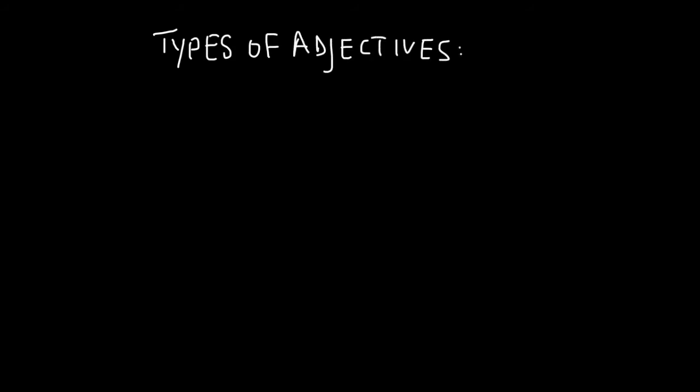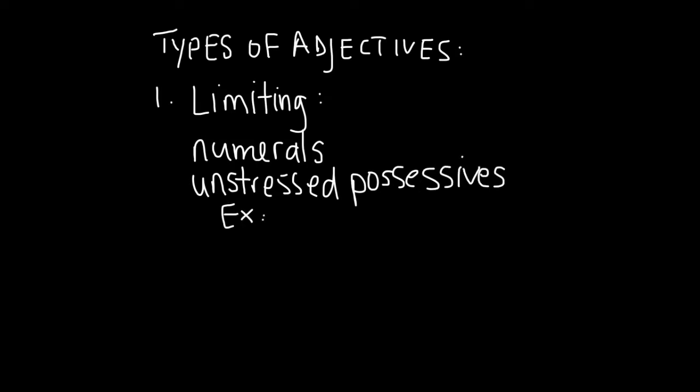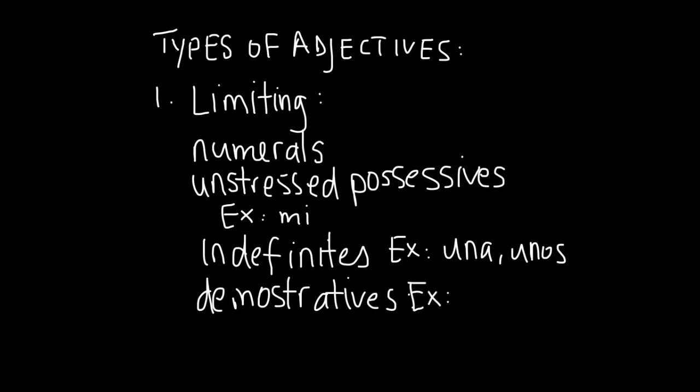The first one is called limiting adjectives, and they refer to numerals, unstressed possessives, for example, mi perro, nuestro gato, indefinites such as una, unos, demonstratives, for example, este, esta, and interrogatives.